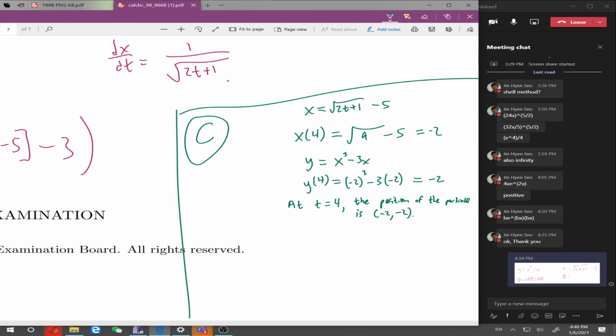Right now we know dx over dt and we know dy over dt. But that's really our horizontal velocity and our vertical velocity. If I want to find the actual velocity, what do I need to do?